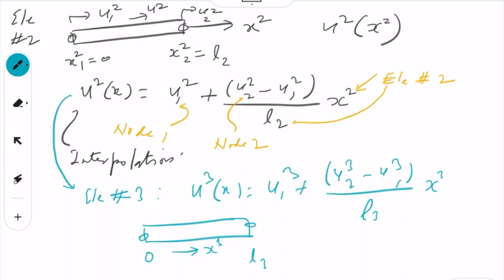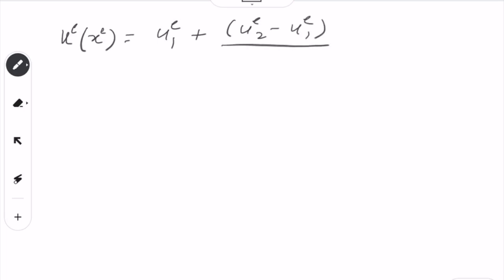If you had more than 3 elements also, we can generalize this as u of the element number e as a function of x e is given by u e1 plus (u e2 minus u e1) divided by L e multiplied by x e, where e equal to element number.